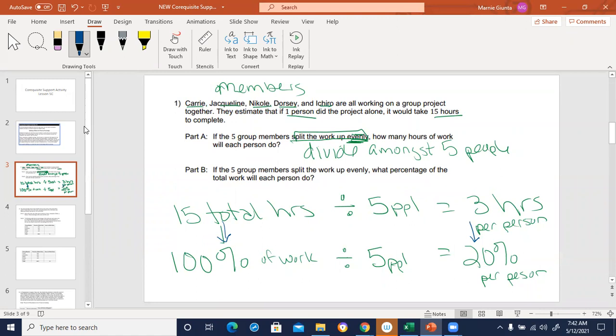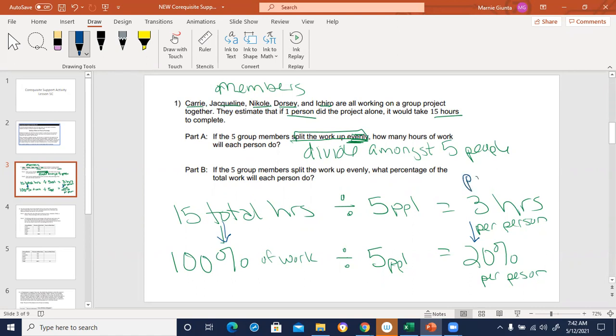So this is as basic as it gets when we are splitting a whole into parts. When you break things into parts evenly, the operation is division. You count up the number of people that you're going to break it evenly into, and you divide by that number. And then you get the part that you are looking for.